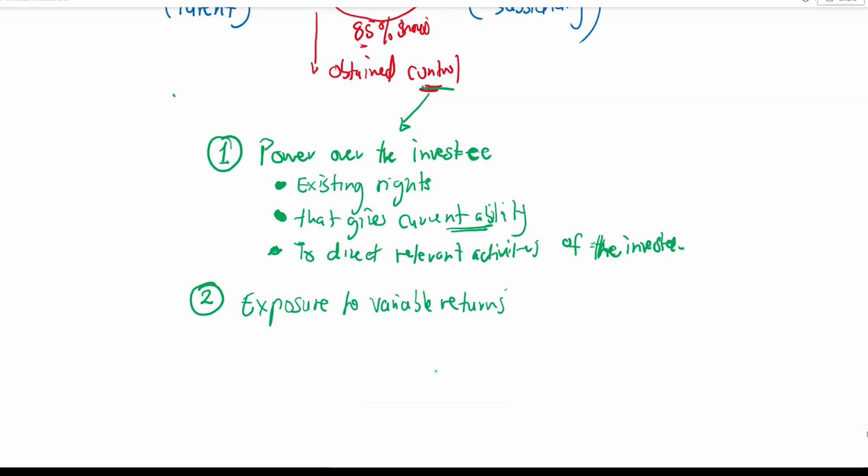And lastly, you need to have the ability to use its power. Okay, so this power we spoke about there, right? You need to also have the ability to use the power.